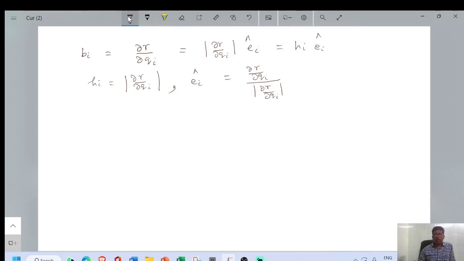Now we know the position vector r equal to i x plus j y plus k z. This is in Cartesian coordinates.